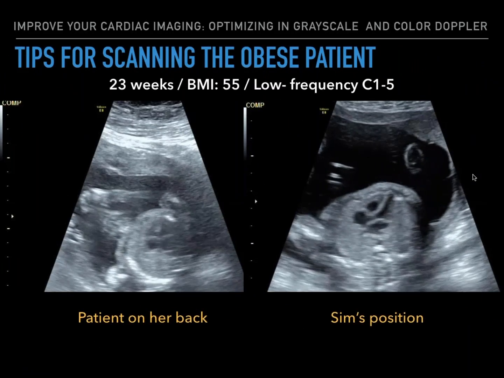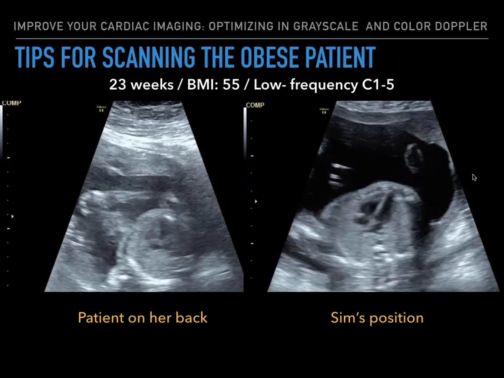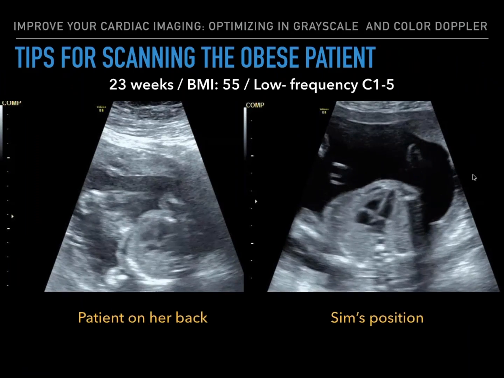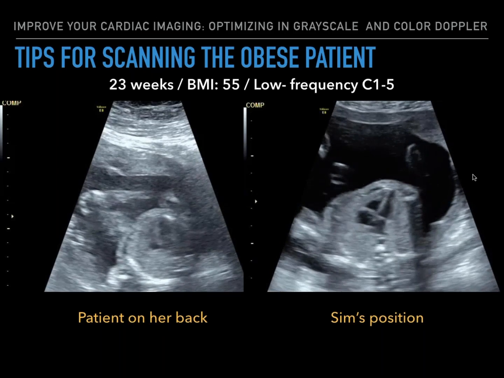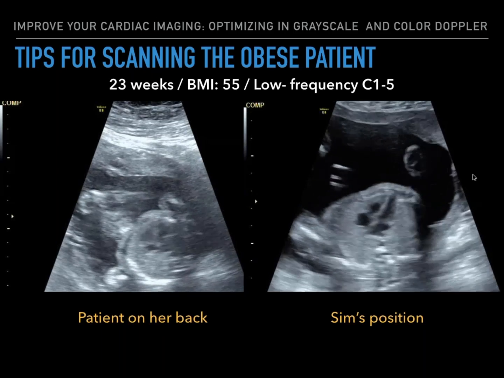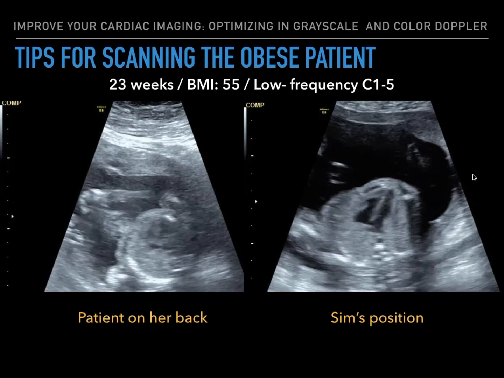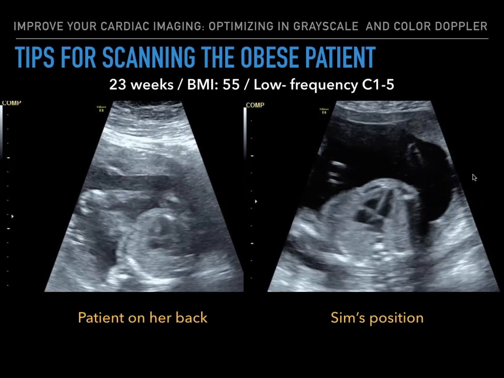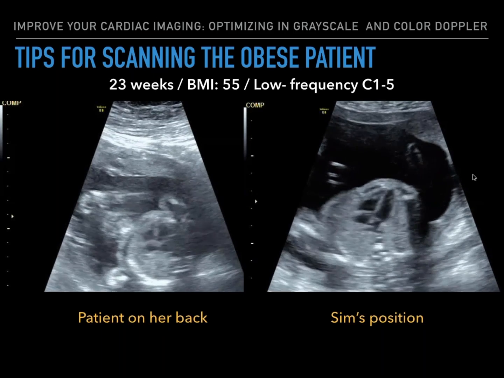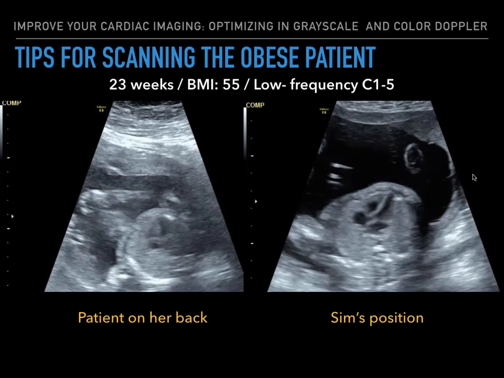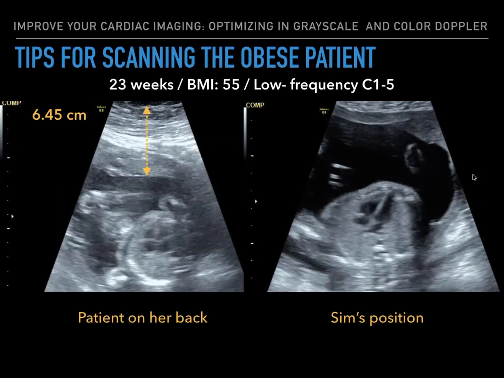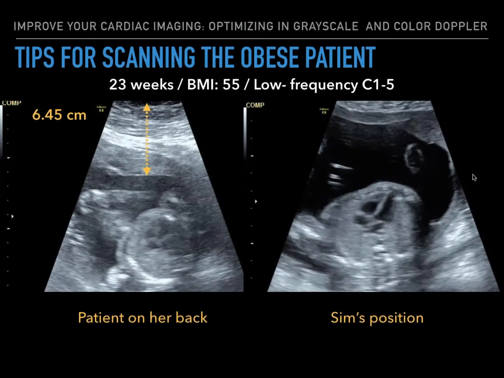It's very important to stress how patient positioning can affect how our images come out. Here is a 23-week fetus with a BMI of 55. This is obviously a difficult scan. We utilize a low-frequency transducer. Here we have the patient on her back, and you can see an increased imaging depth of 6.4 centimeters.